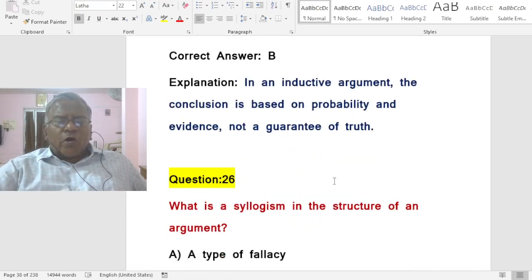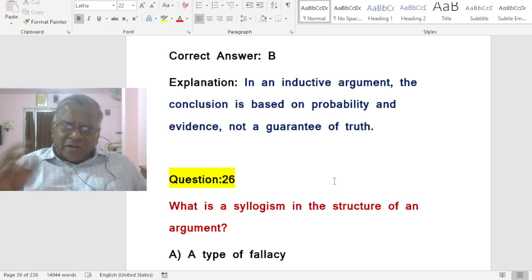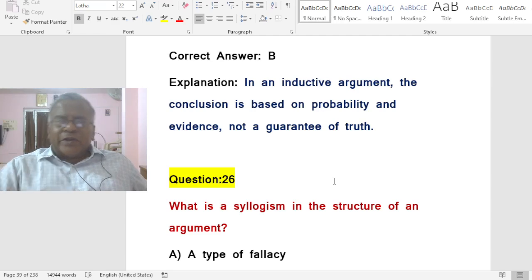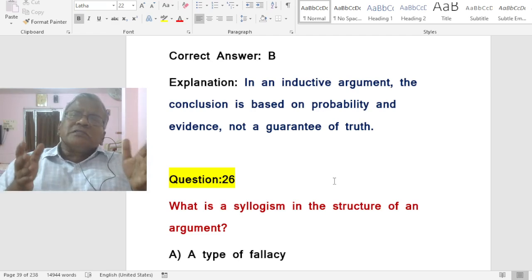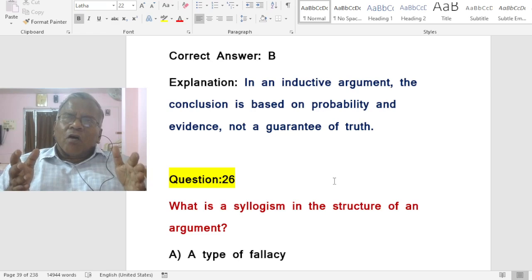So in an inductive argument, the conclusion is based on probability and evidence, not a guarantee of truth, not a certain truth. But from the evidence you come to know. As I already told you, the coins in the bag are all 2 rupee coins. How do you say that?